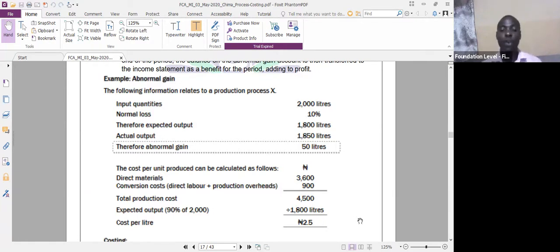Now, when you want to cost it, the material cost is 3,600, and the conversion cost is 900. It's 4,500 as before. But now, when we want to get the normal cost per output, we divide the expected total cost with the expected output to get 2.5.